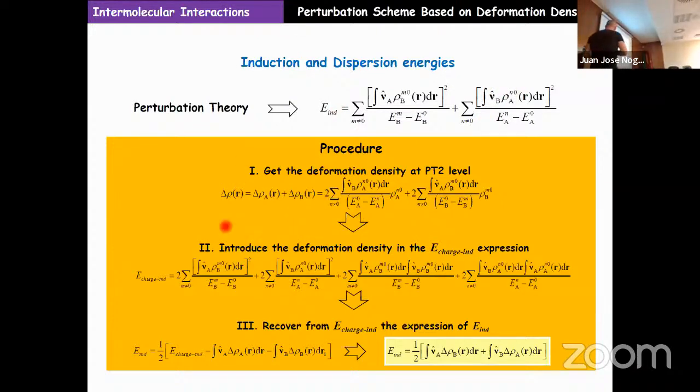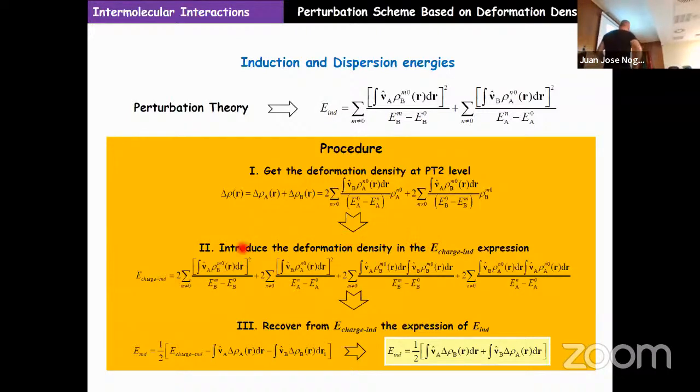First, we calculate the deformation of polarization energy to second order using perturbation theory. And now we introduce this deformation density up to second order into our charge induction energy here.